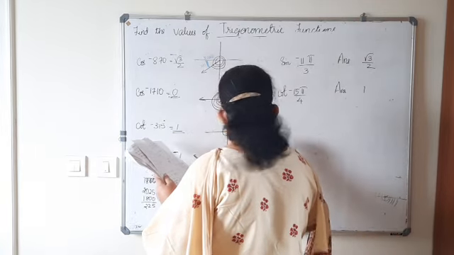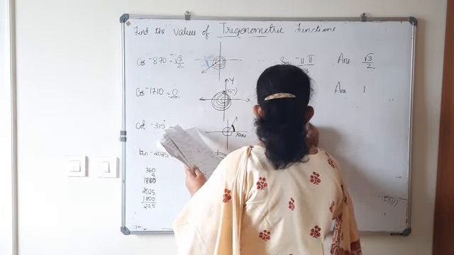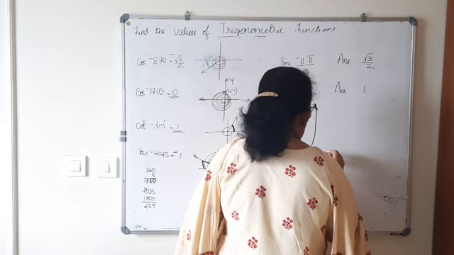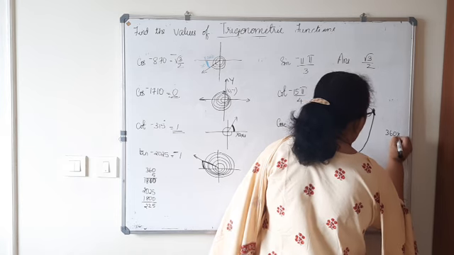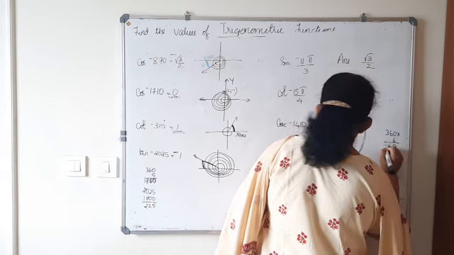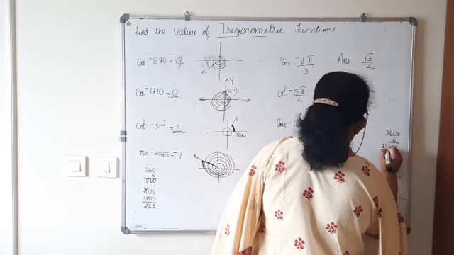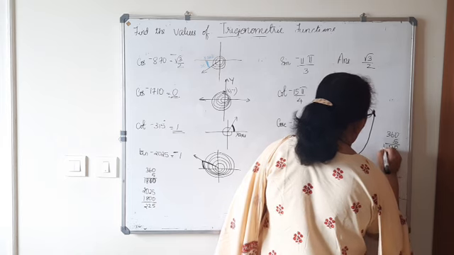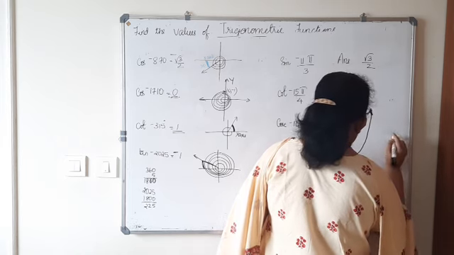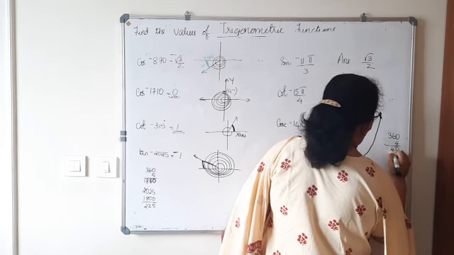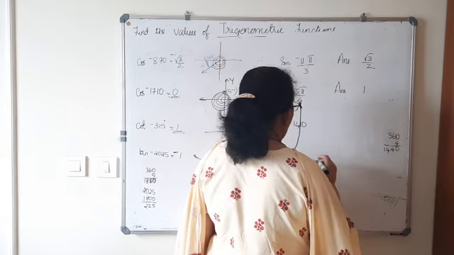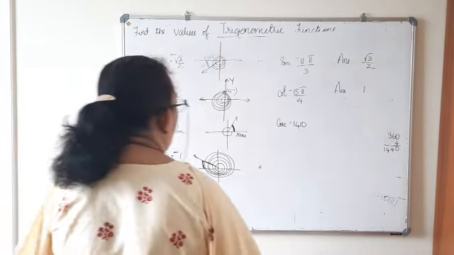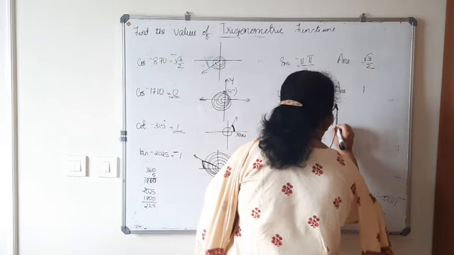Answer is 1. Cosecant minus 1410. Answer is 2.